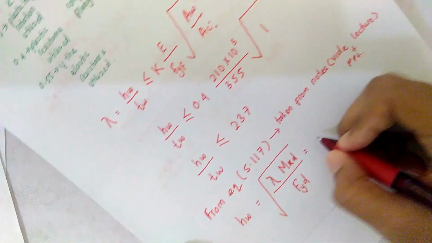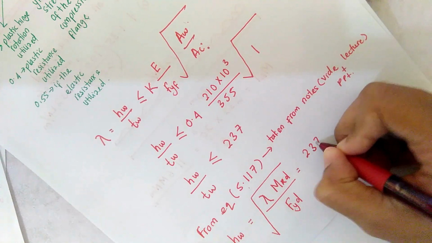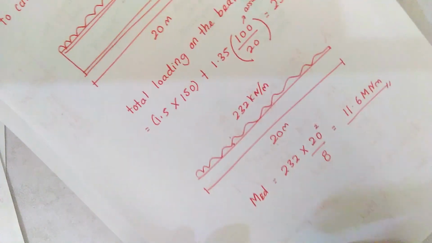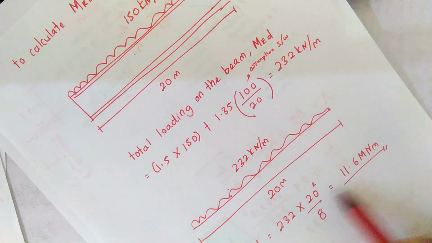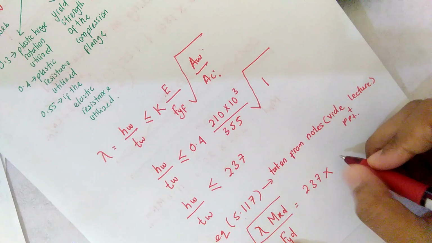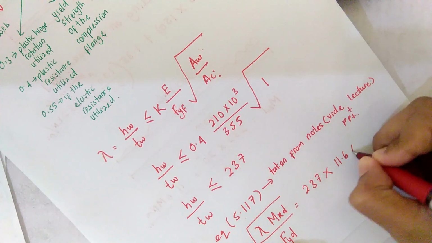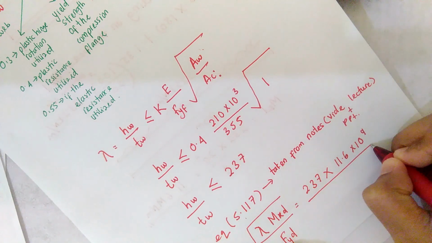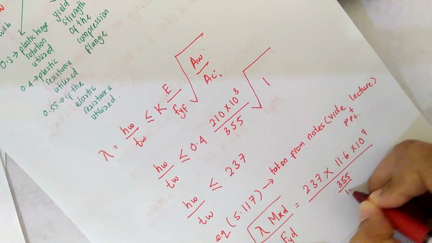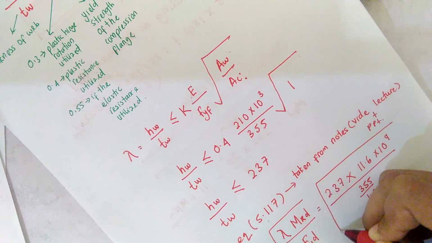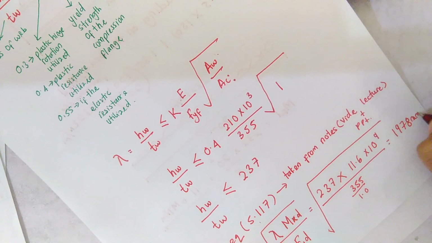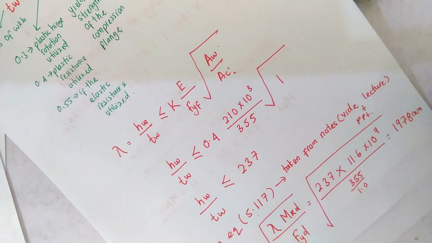Now your lambda is 237, times your MRD, which was calculated previously as 11.6 mega Newton meter, so 11.6 times 10 to the power of 9, over your FYD, which is 355, over 1, divided by your aspect ratio. Finally, you will get 1978 millimeter.